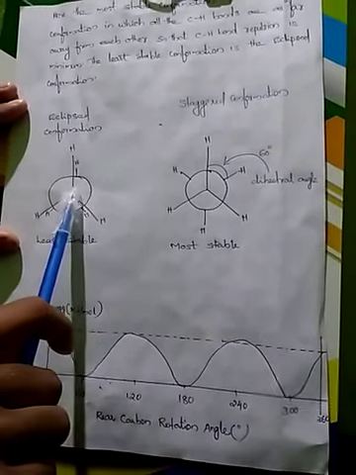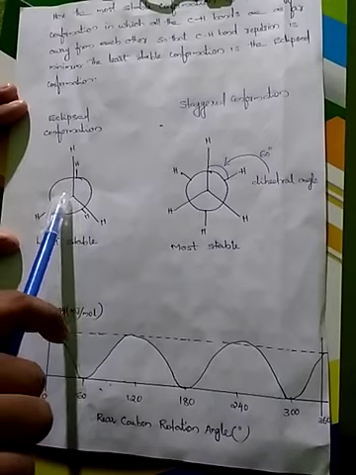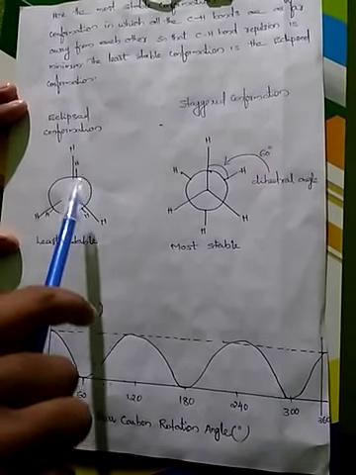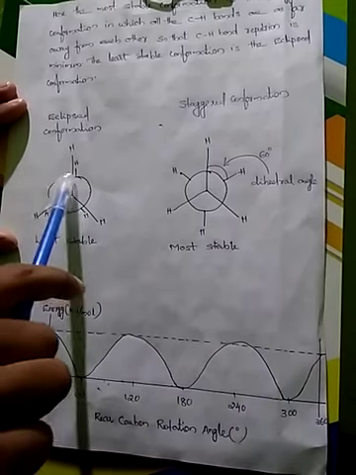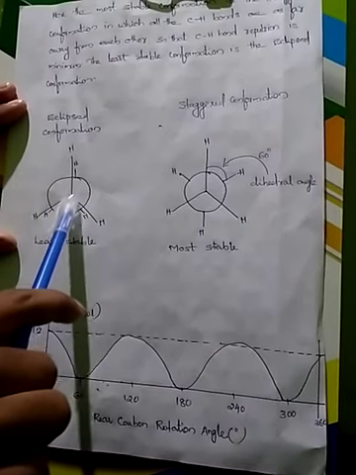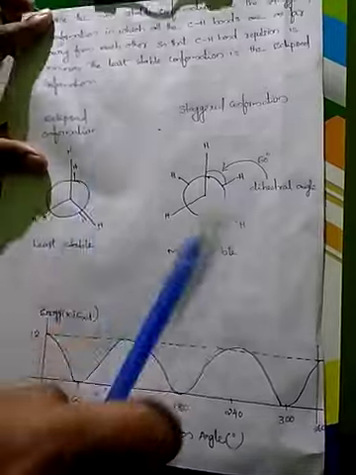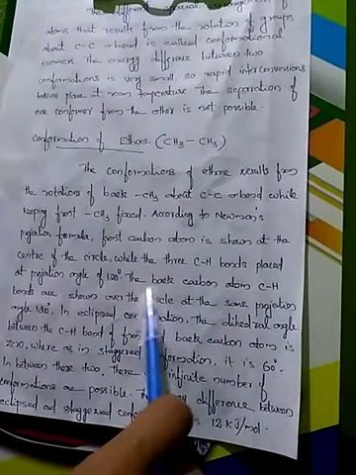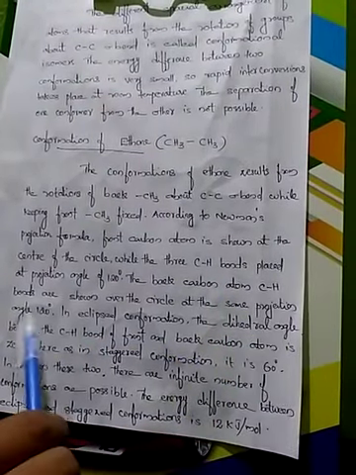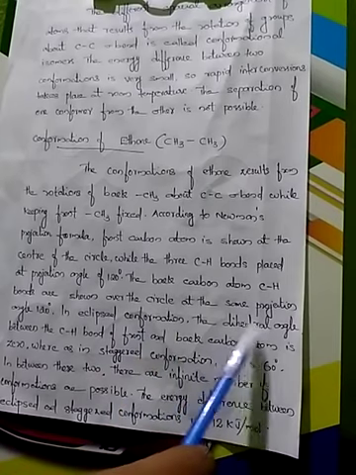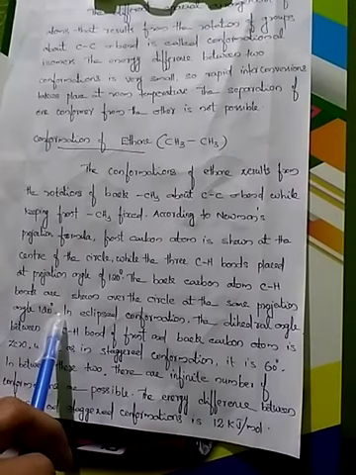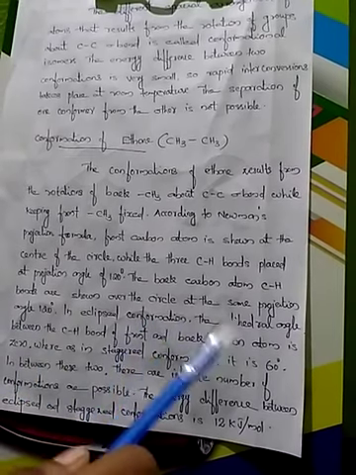In the Newman projection, this is the front carbon atom with the 3 CH bonds, and the angle between the CH bonds, this dihedral angle, is 120 degrees. The back carbon atom's CH bonds are shown from the circle at the same projection angle of 120 degrees, as we already studied in the previous case.